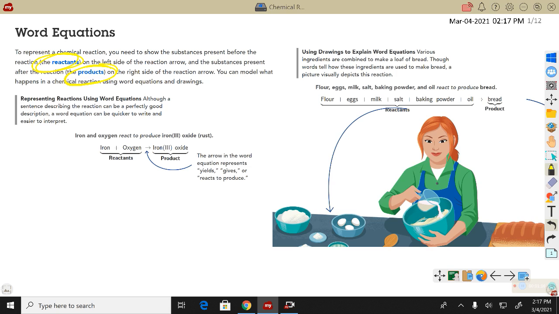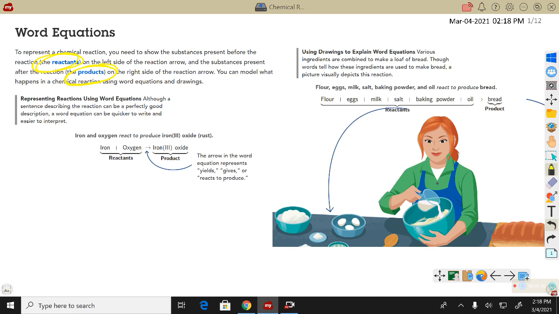Now, the key with a chemical reaction is that you're forming something new. So I'm taking the initial reactants and I am chemically changing them so that it is a new product with new properties. An example might be iron reacting with oxygen to produce iron oxide, commonly known as rust.